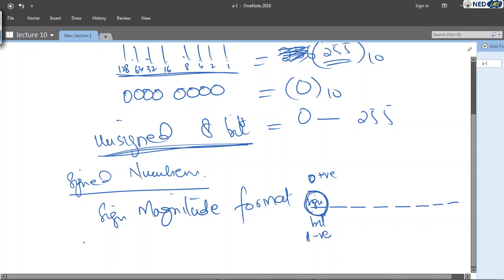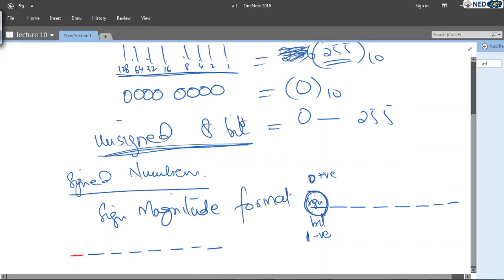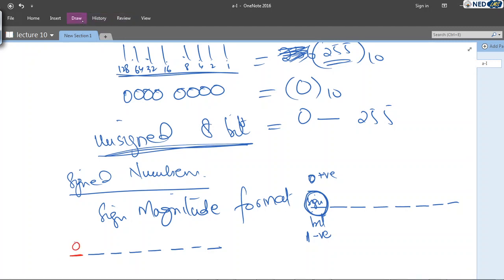Let's pick a number. For example, we only have 7 bits for the magnitude, 1 2 3 4 5 6 7, and we have this bit for sign. If we put 0 over here, that means we are talking about a positive number.